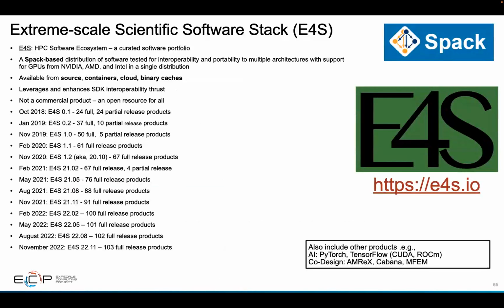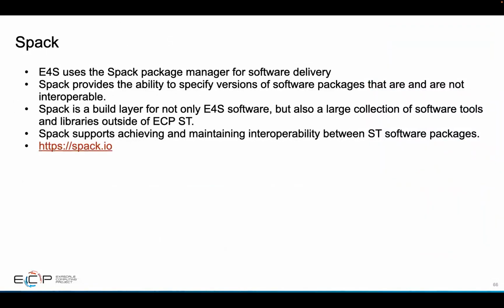Let me just show you that now we have over 100 different HPC projects that are now shipping in E4S. And we use the Spack package manager, because scientific software is becoming incredibly complex and hard to install.